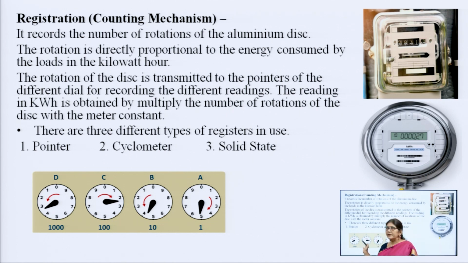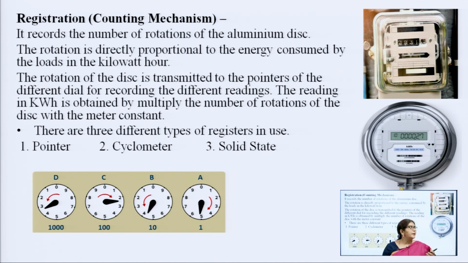We can see here in the pointer type that when this pointer completes one cycle, the indicator will go from 0 to 1. When it completes 10 cycles, the next pointer will complete one cycle. So, this is the indication meter.